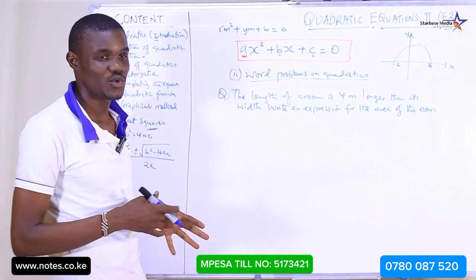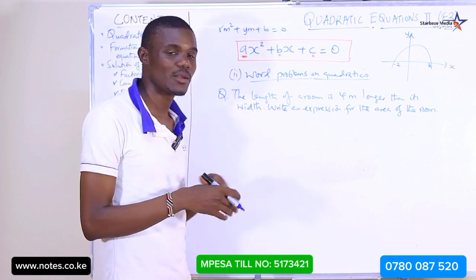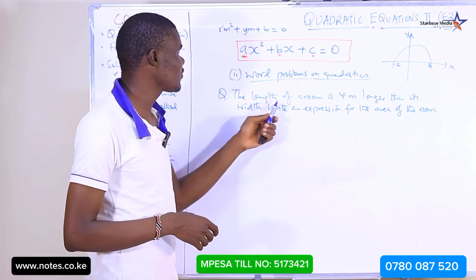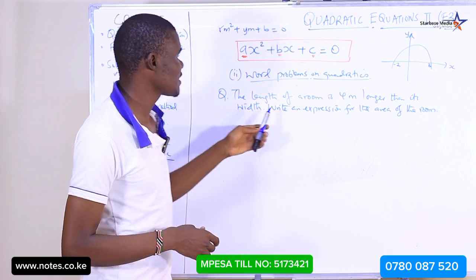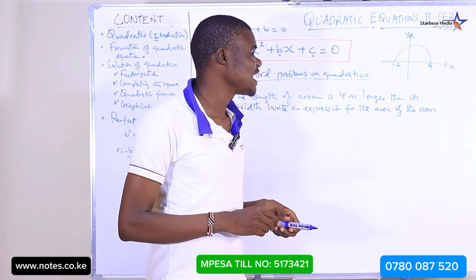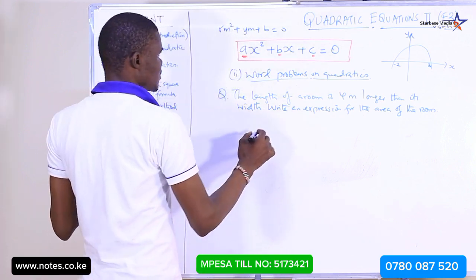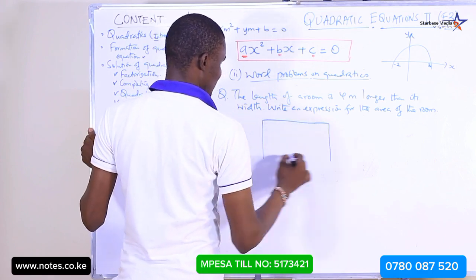Now, a second way in which you can form a quadratic equation is where there are word problems involved. For example, you are told that the length of a room is 4 meters longer than its width. Then you are told to write an expression for the area of the room. So when you are solving this, you might end up forming a quadratic equation.